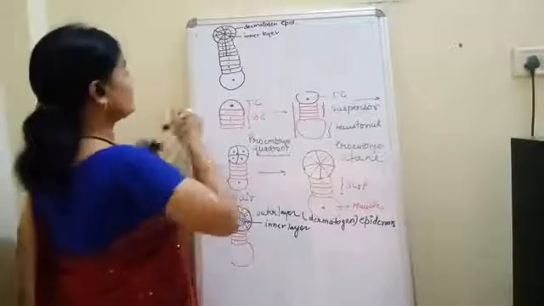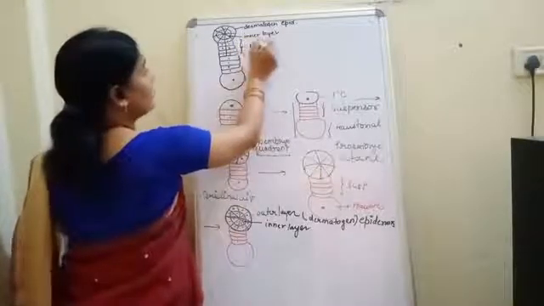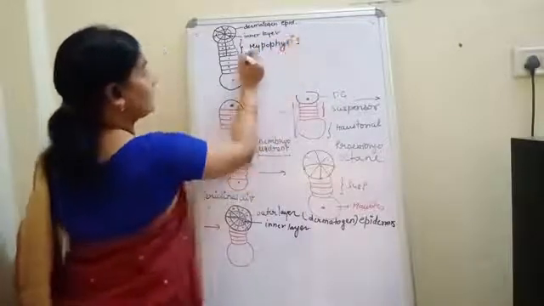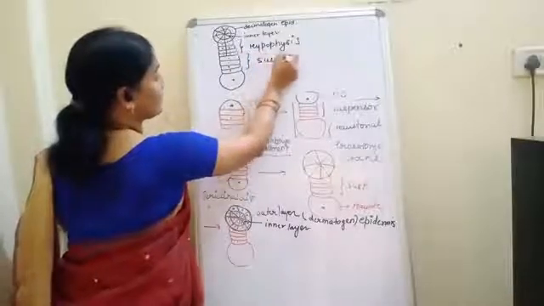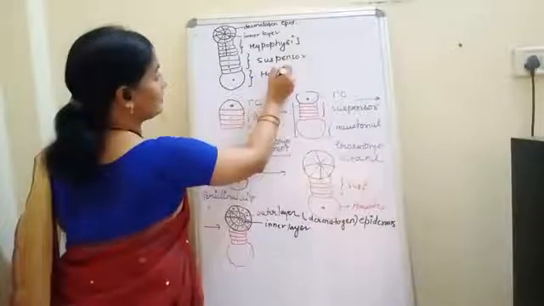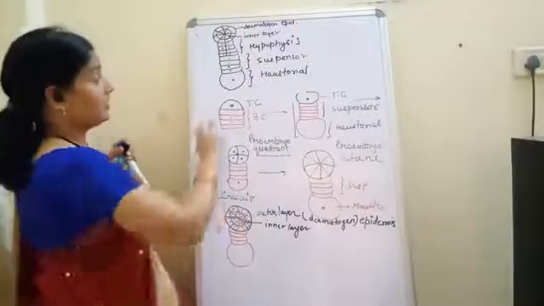Now this structure is called the hypophysis. This is as usual the suspensor. This is as usual the haustorial. Understood?